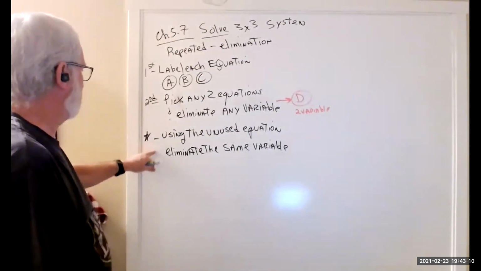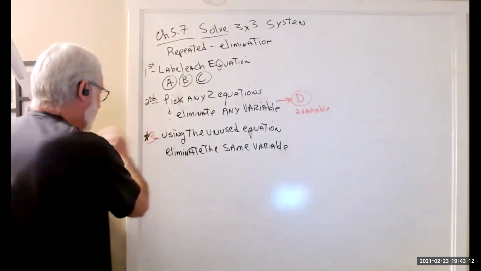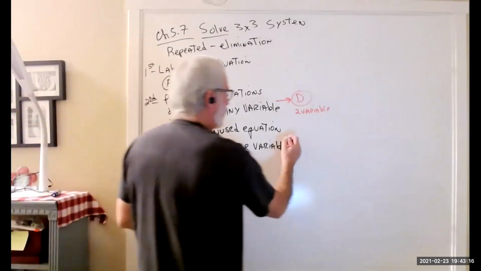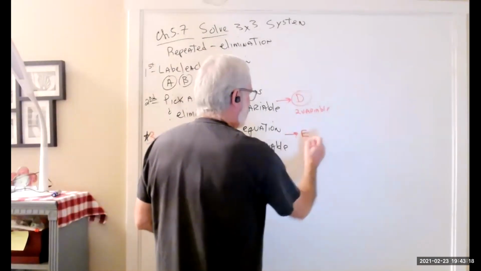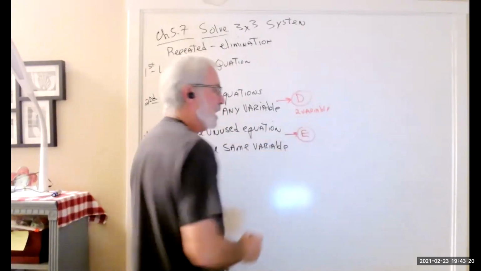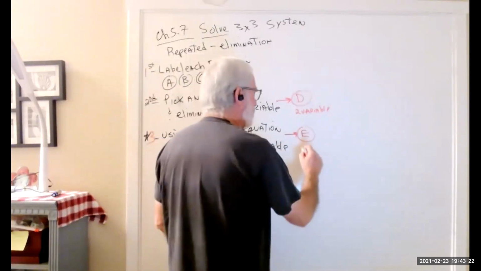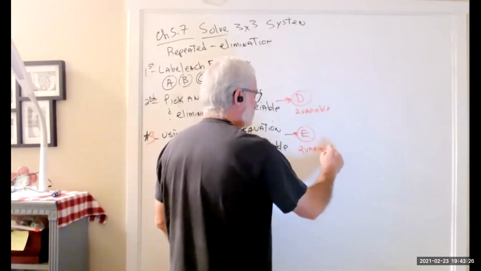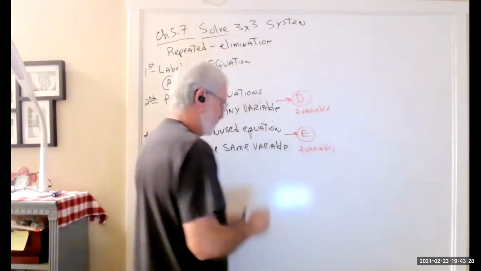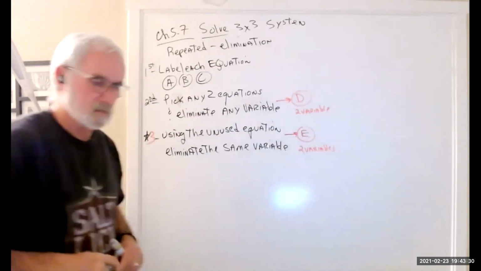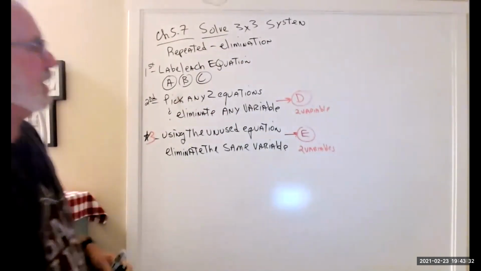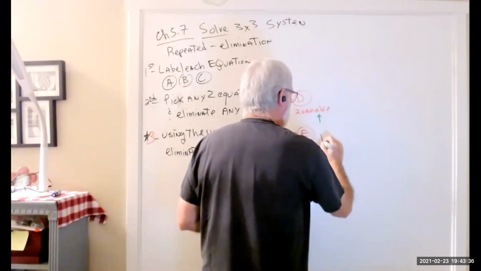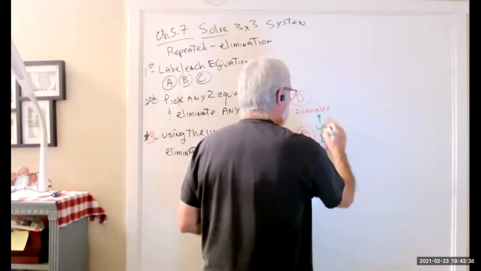If you do step 3 correctly, you're going to create a brand new equation we'll call E, and it will also have just 2 variables. And if we did everything right, these should be the same variables.